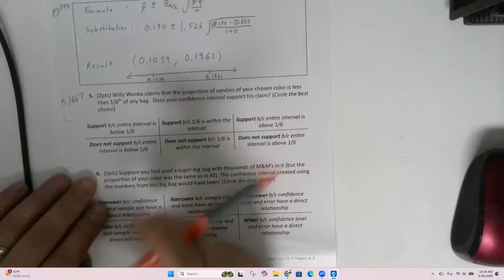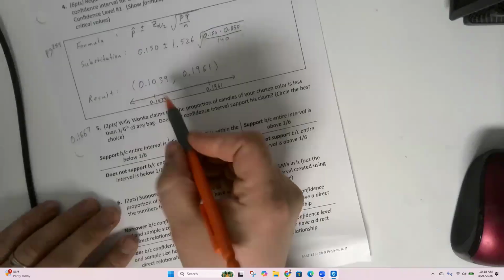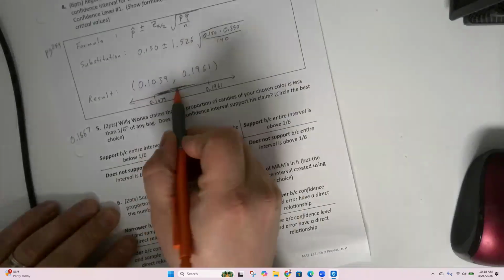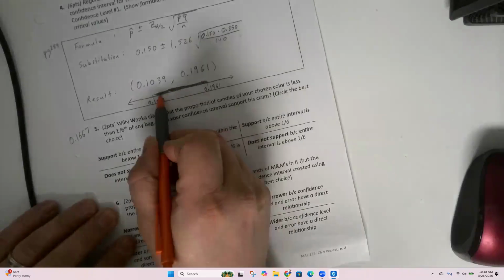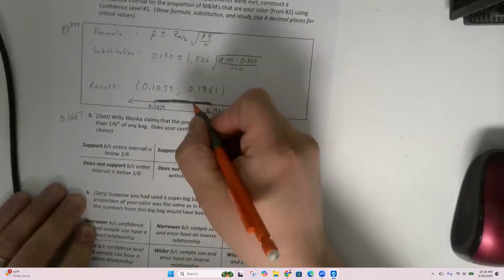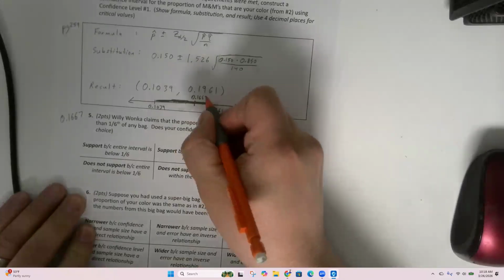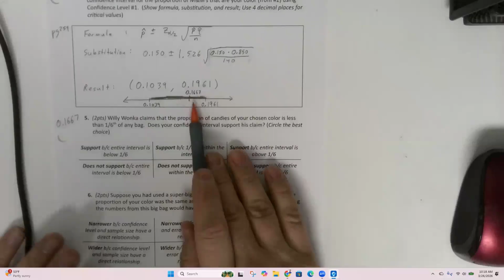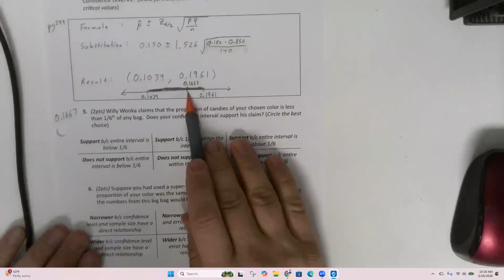Where does 0.16 land? So my confidence interval is this area here, this shaded area here. 0.16 is like right here, 0.1667. So 0.1667 is in my confidence interval.